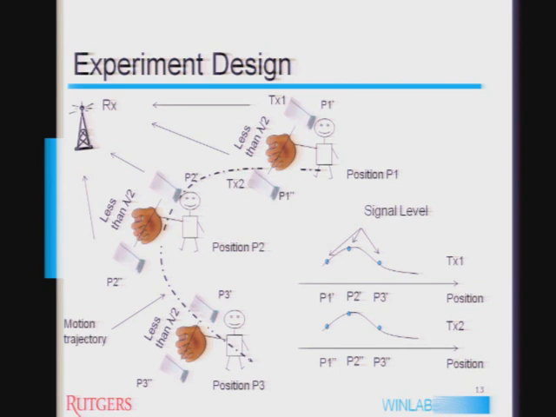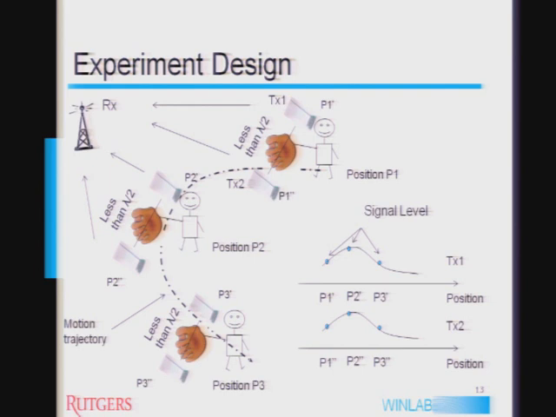So after every 100 samples, the slow fading changes. So over these 5,000 measurements, I really have about 50 samples for the slow fading and the rest for the other component.